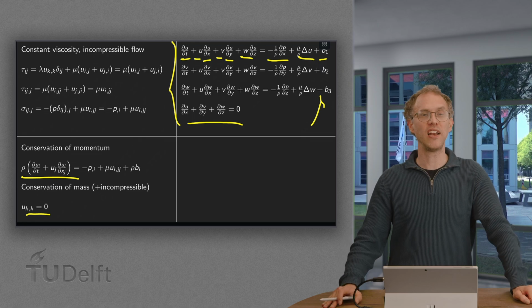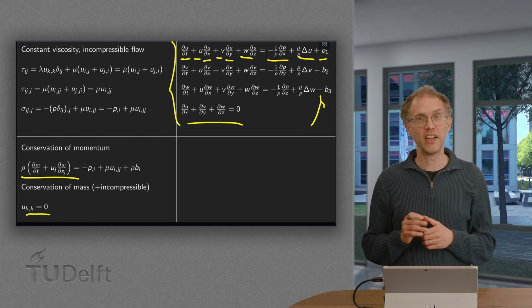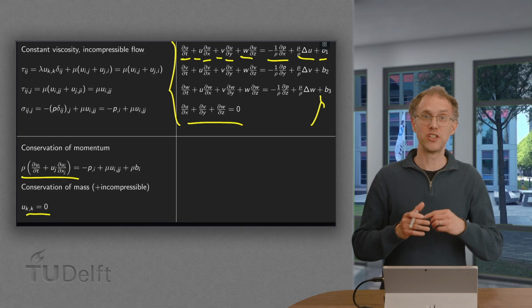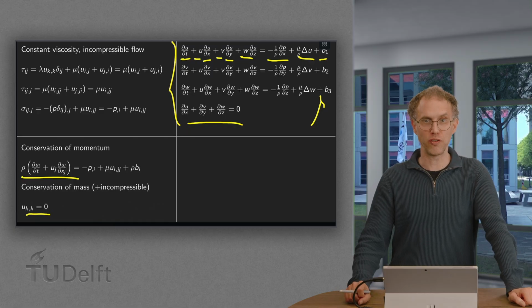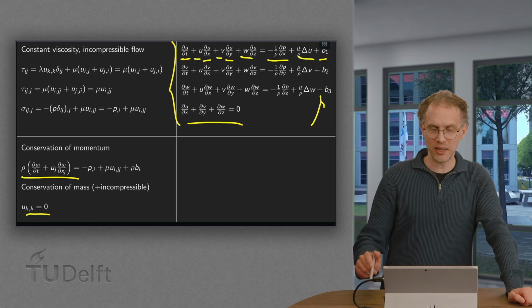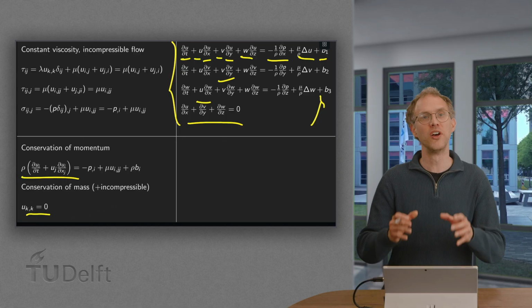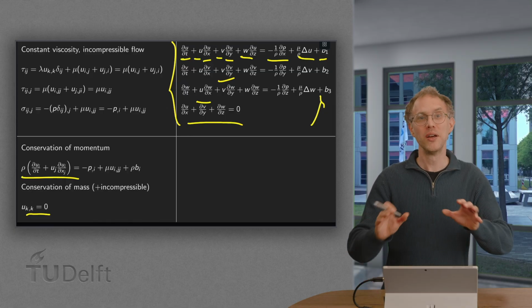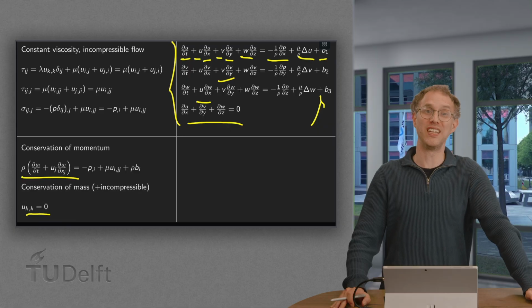So now we finally have 4 PDEs in terms of 4 dependent variables. So we have a full set of equations, and then we can start to solve them. Well, that is still a bit tricky because they are all coupled, and heavily nonlinear in all these terms. So solving them is another story, but at least we have the PDEs that we want to solve and that we need to solve.